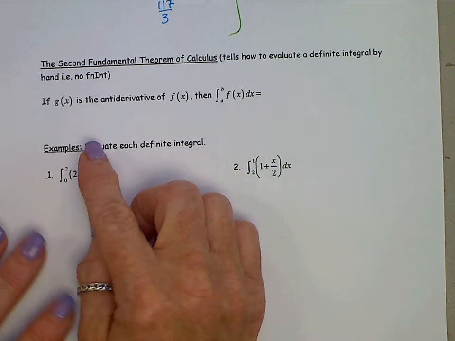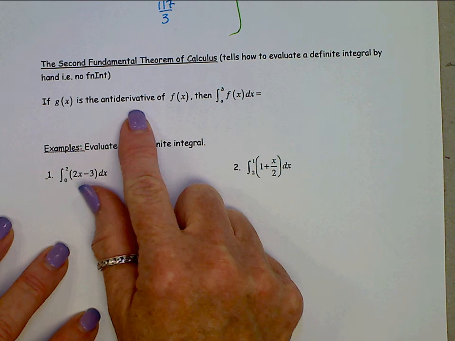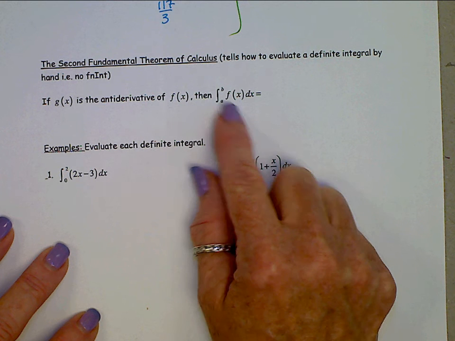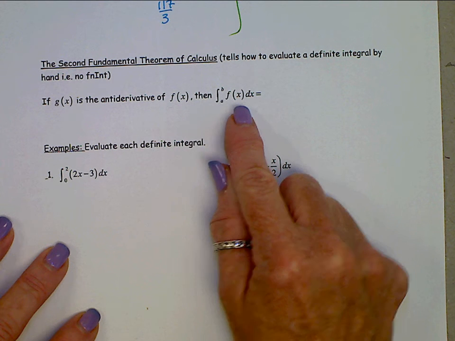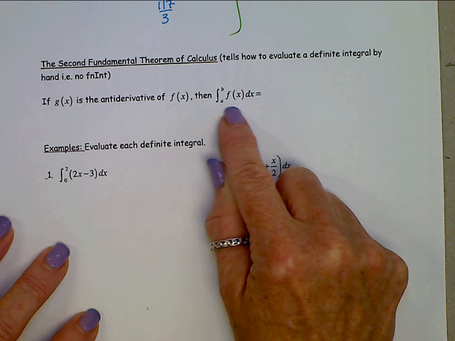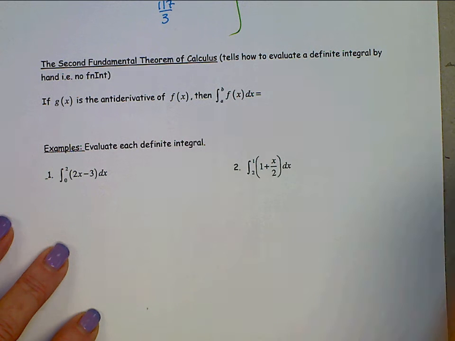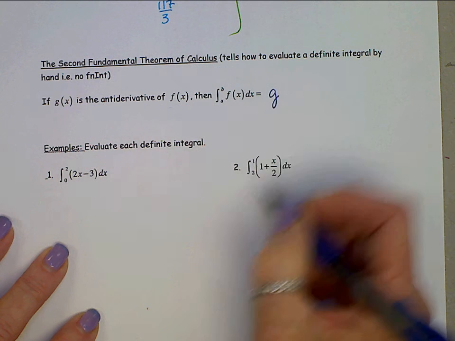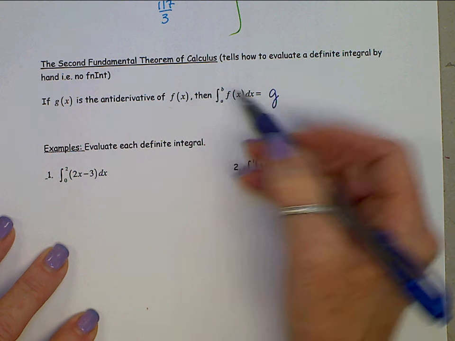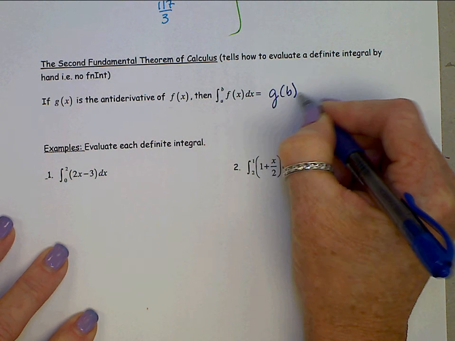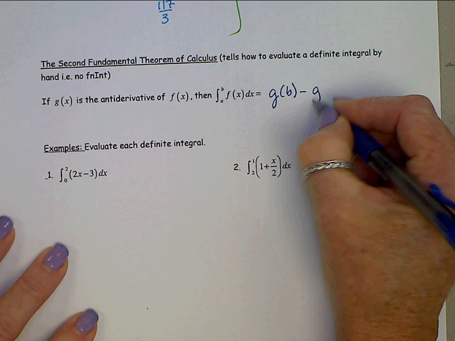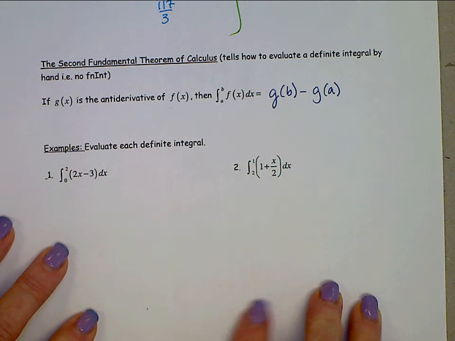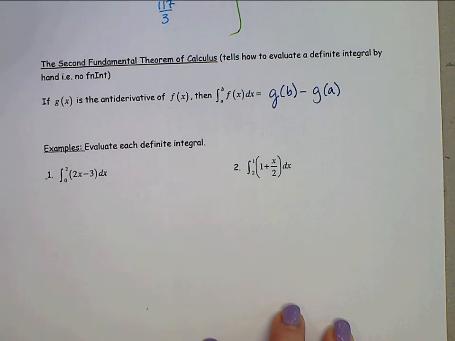And following through, if g of x is the antiderivative of f of x, then the integral from a to b of f of x dx is the antiderivative g of x evaluated at that upper bound minus the lower bound. That is the second fundamental theorem of calculus.